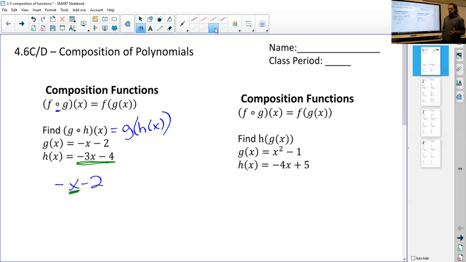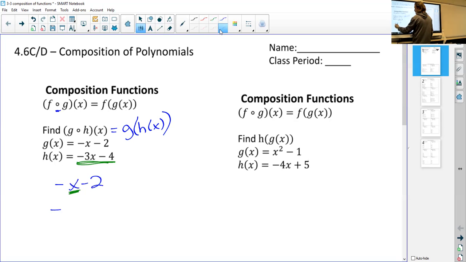It's a little bit similar to what we saw before, when it was like solve for f of x if x is negative 3x minus 4. But now both of those things are functions instead of standalone numbers or expressions. So I'm going to replace this x with negative 3x minus 4.